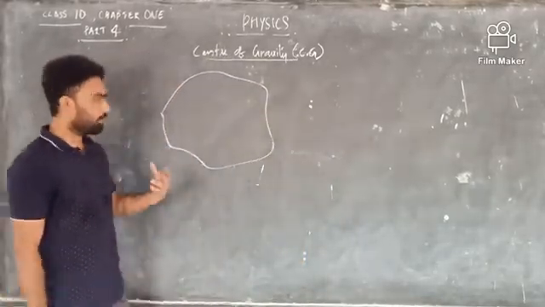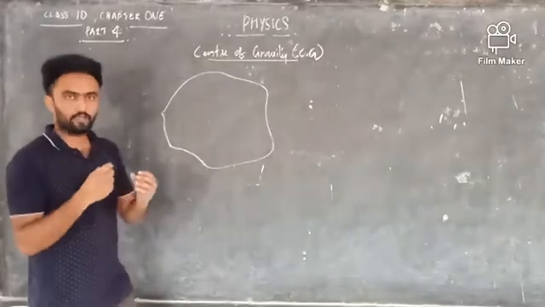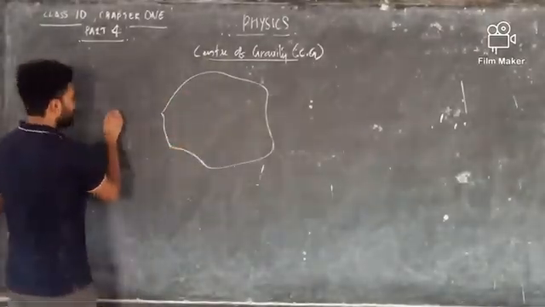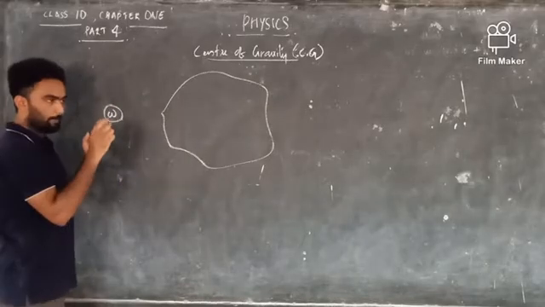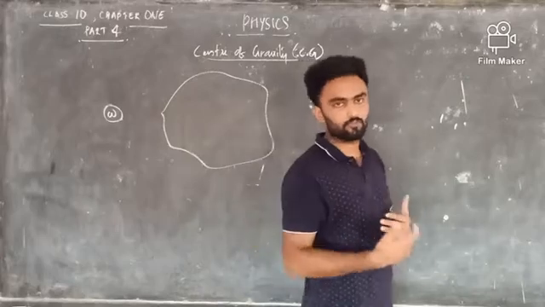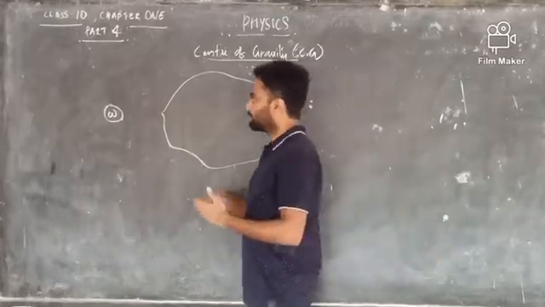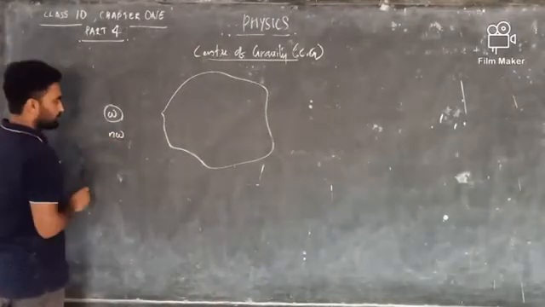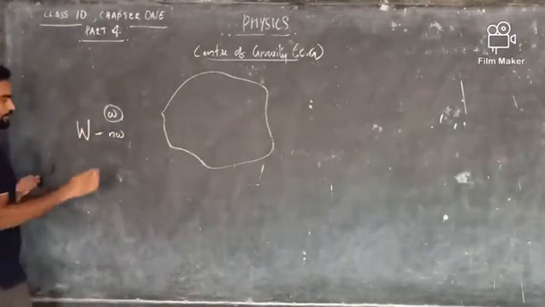Say one particle of the solid has a small w weight. Likewise, n number of particles are present in that solid. So definitely the total weight of the body will be n w. That's called the total weight W.